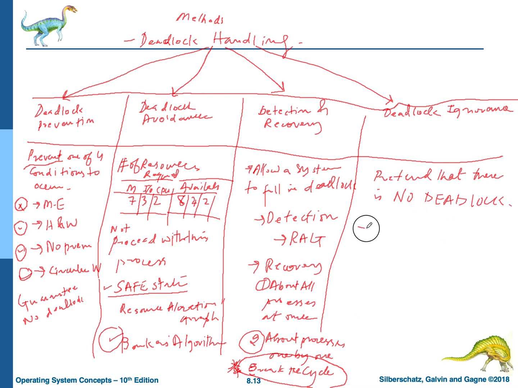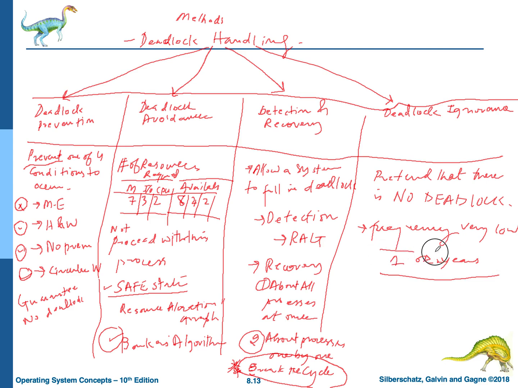Because the frequency of occurrence of deadlock is very low. According to the book, a deadlock can occur in 1 or 2 years.